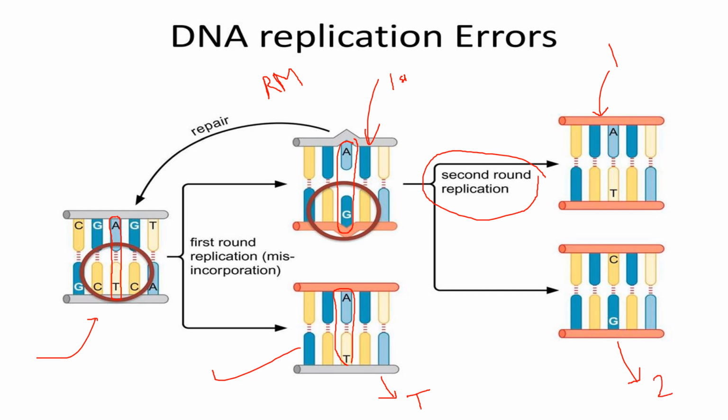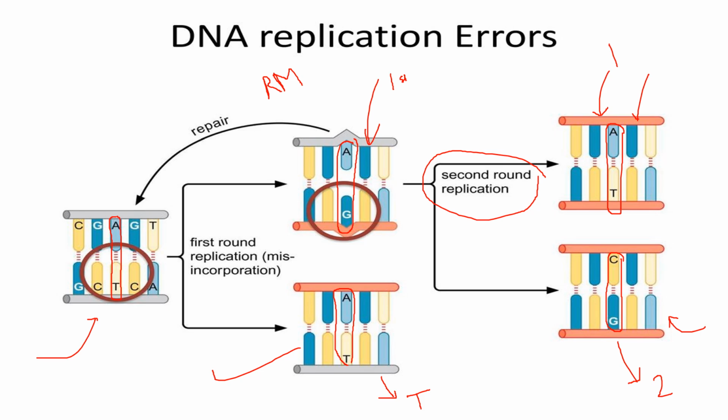Complementary to adenine, thymine is present, and complementary to guanine, cytosine is present. But in the actual parental strand, adenine and thymine were present. After the second round of replication, in this strand, instead of adenine and thymine, guanine and cytosine are present. So this is the error during the DNA replication.